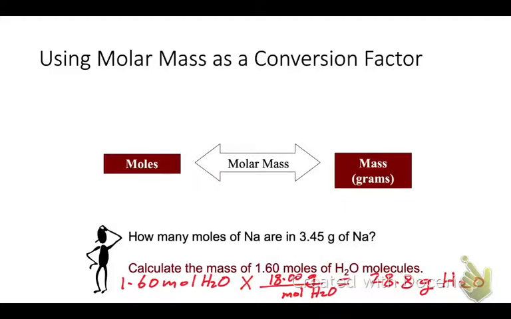So as you can see, in the first example I took grams and converted them to moles. In the second example, I took moles and converted them into grams. Every time I'm using the molar mass conversion factor.